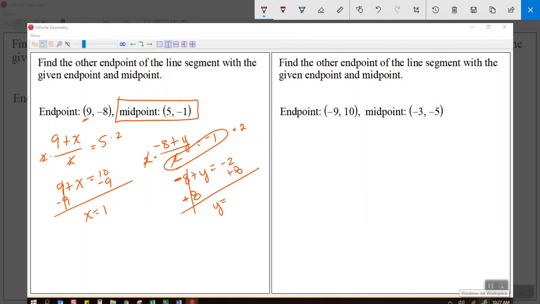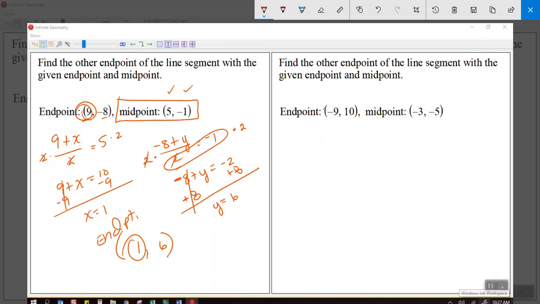So then y is equal to 6, so the other endpoint is going to be 1, 6. And you can double check: 9 plus 1 is 10, 10 divided by 2 is 5. -8 plus 6 is -2, -2 divided by 2 is -1. So then you got it correct.